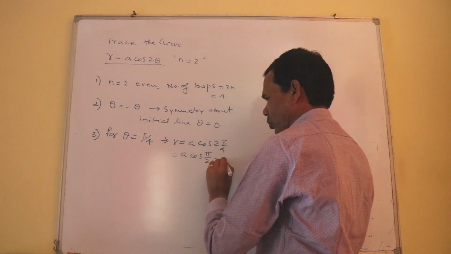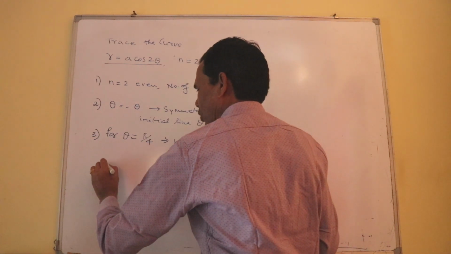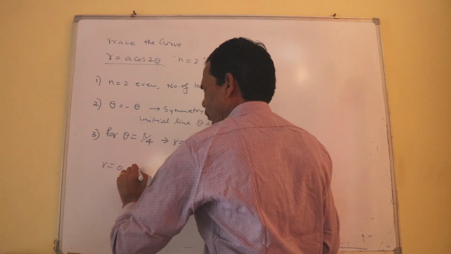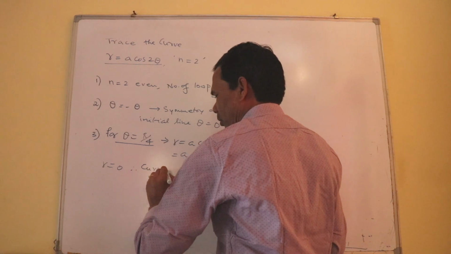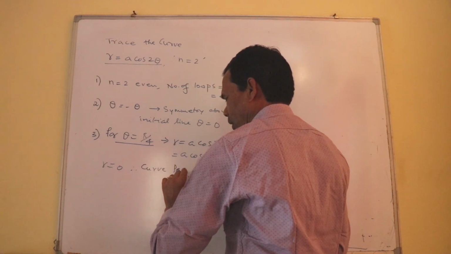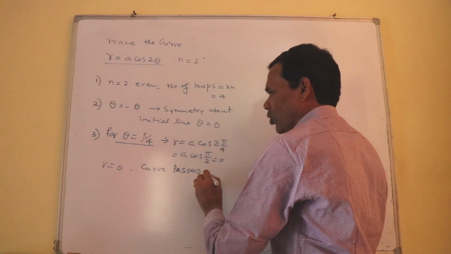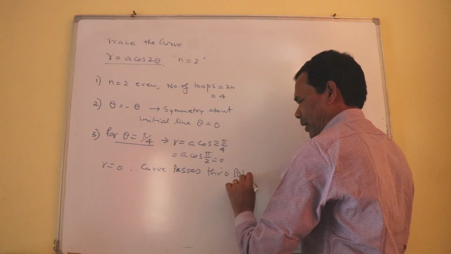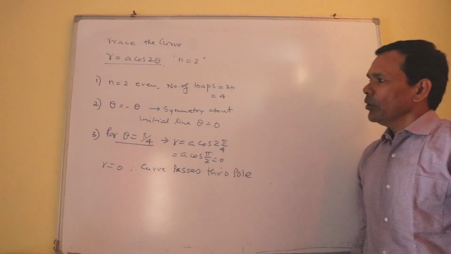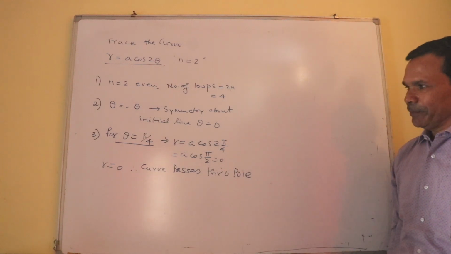Cos pi by 2 is 0. So r becomes 0 for this value. Therefore, the curve passes through the pole, or the pole lies on the curve. So this is point number 3.